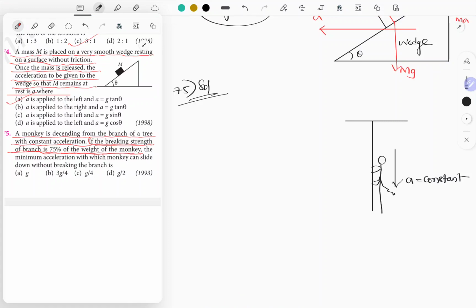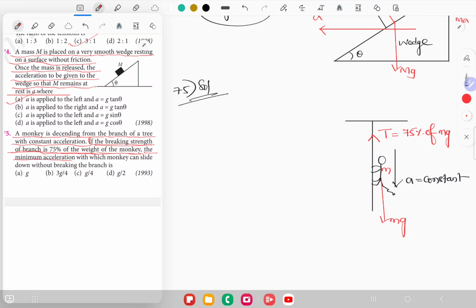Let me represent the weight of the monkey as mg. I am assuming the mass of this monkey is m, and its weight is mg. They said the breaking strength of the branch, which is the tension in the string, is equal to 75% of the weight of this monkey. What's the question they're asking?